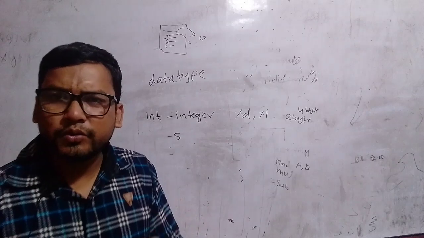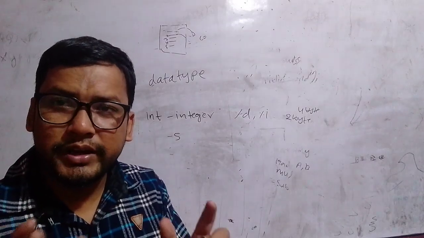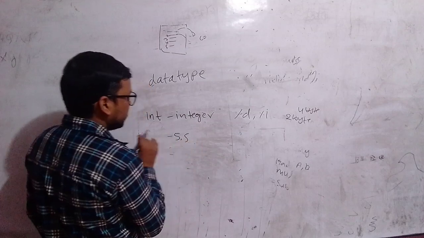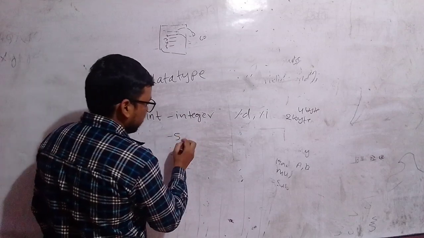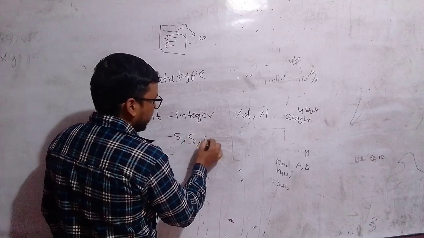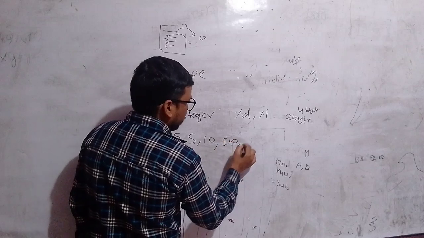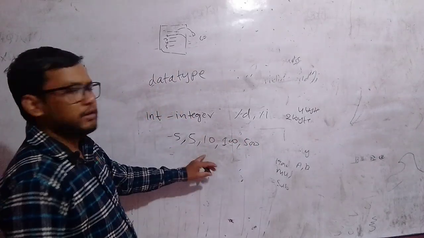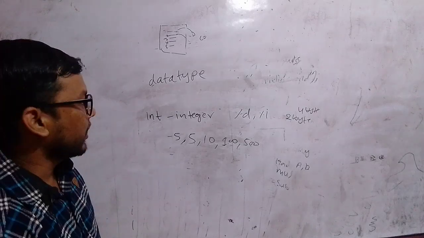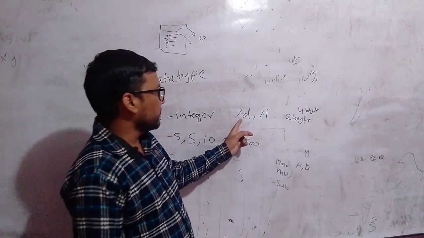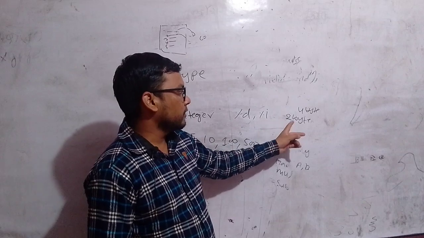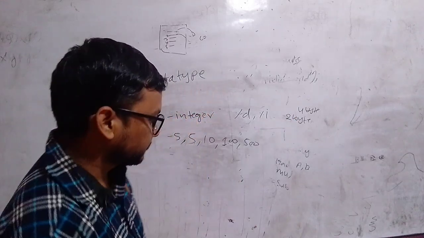Integer means it does not contain the fractional part. Only whole numbers, no fraction. 5.5 is not an integer. Only 5 is an integer: 5, 10, 100, 500. These are the integer numbers, which do not contain the fractional part, and can be represented using %d or %i. It can hold 2 byte to 4 byte.